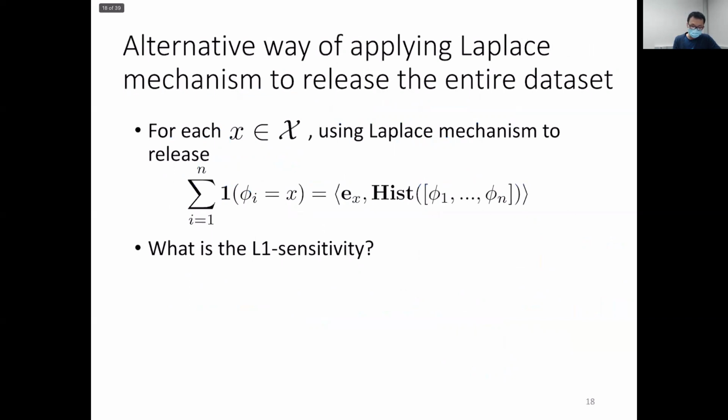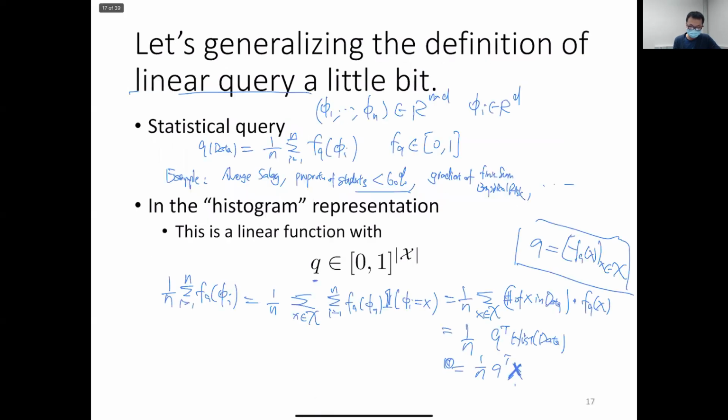Obviously we can apply the Laplace mechanism in exactly the same way, thanks to the fact that f of q is bounded, it satisfies L1 sensitivity of 1. So we can still apply the Laplace mechanism in the same way and obtain that cardinality of Q, log Q over delta, over n epsilon error bound, to answer all q in this query space.